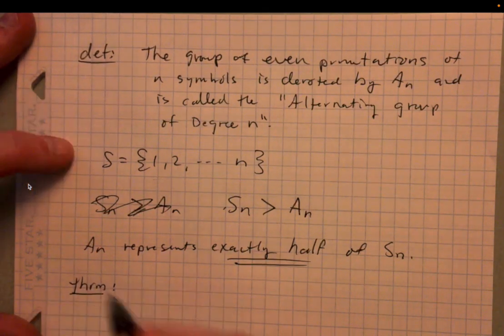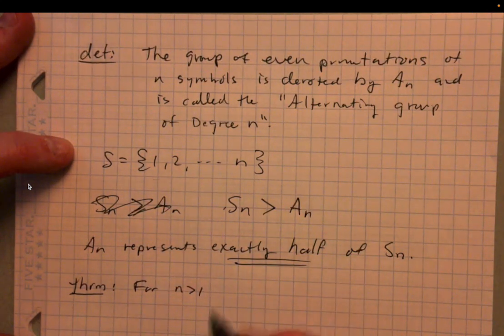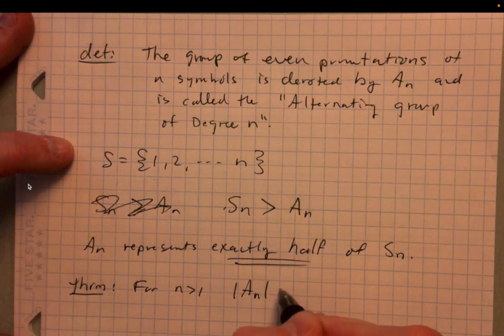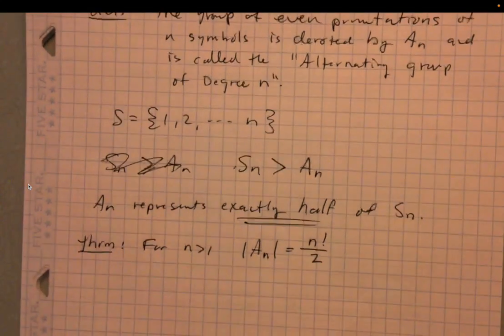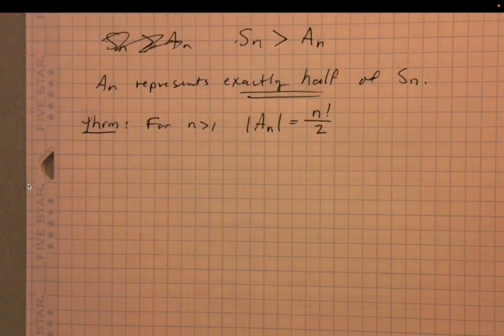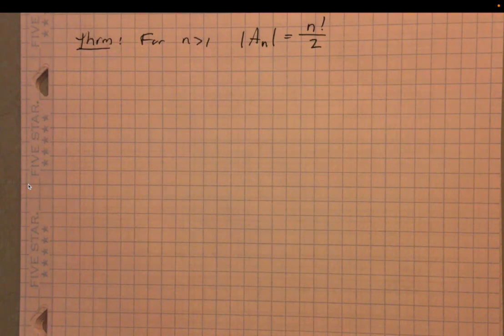Let's write the theorem. For n greater than 1, the order of An is equal to n factorial over 2. An is the alternating group. What we're saying is that the size of the alternating group An is n factorial over 2. Well, n factorial was the size of the symmetric group Sn, and so An, being the subgroup, represents half of Sn.